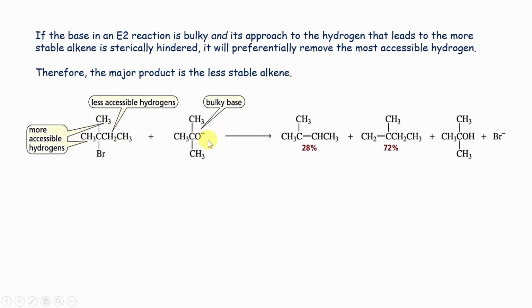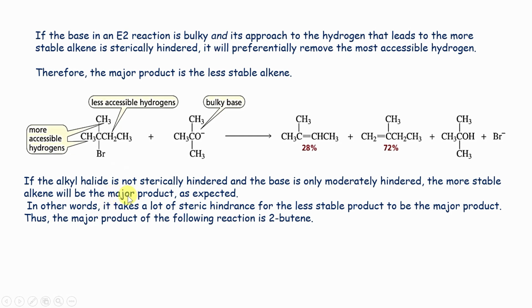So this bulky tertiary butoxide, the base, approaches only the more accessible hydrogens of the methyl group, and hence we get the less stable alkene as the major product. The less substituted alkene will be obtained as the major product in this case when a bulky base is used for elimination of a bulky alkyl halide.